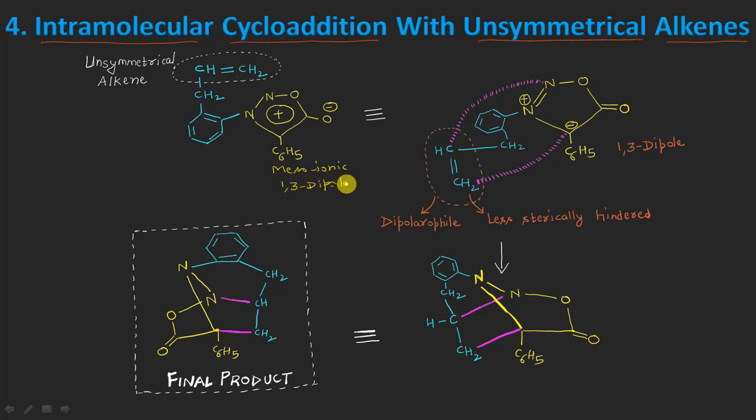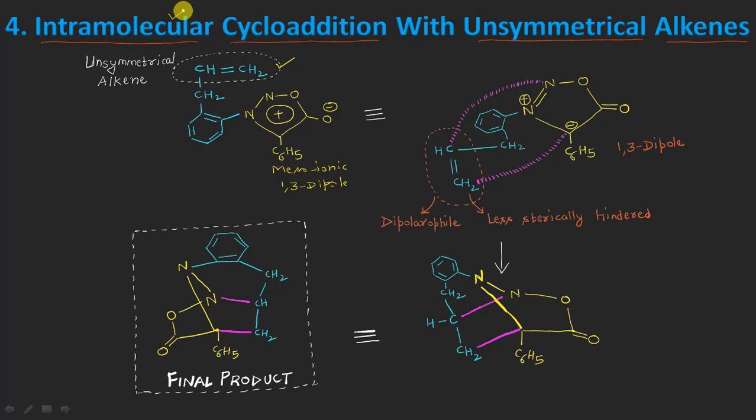And this is a part associated with this nitrogen atom, and this is also having this type of alkene or olefinic double bond, which can act as a dipolarophile, right? So the reaction will be taking place within this molecule. That is why we are calling it as an intramolecular type of cycloaddition.